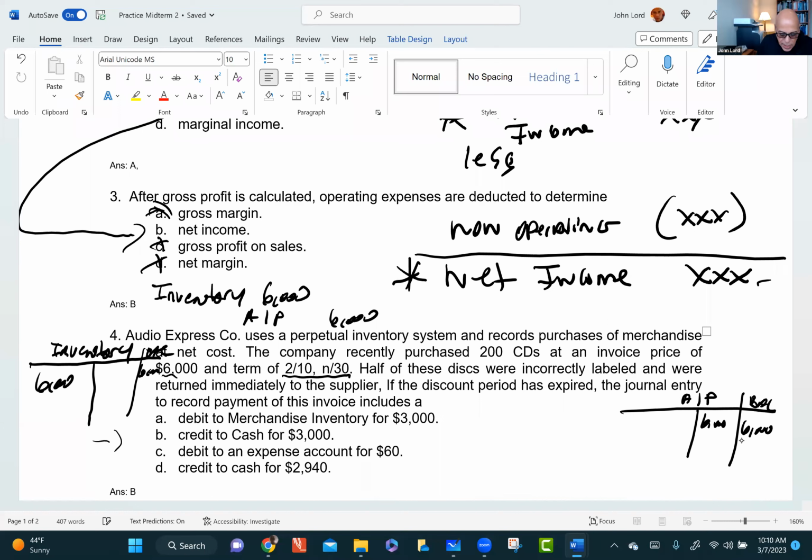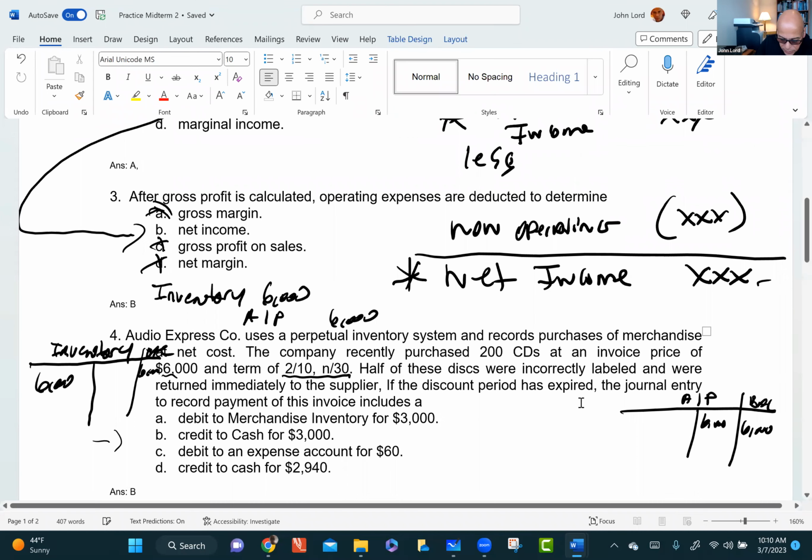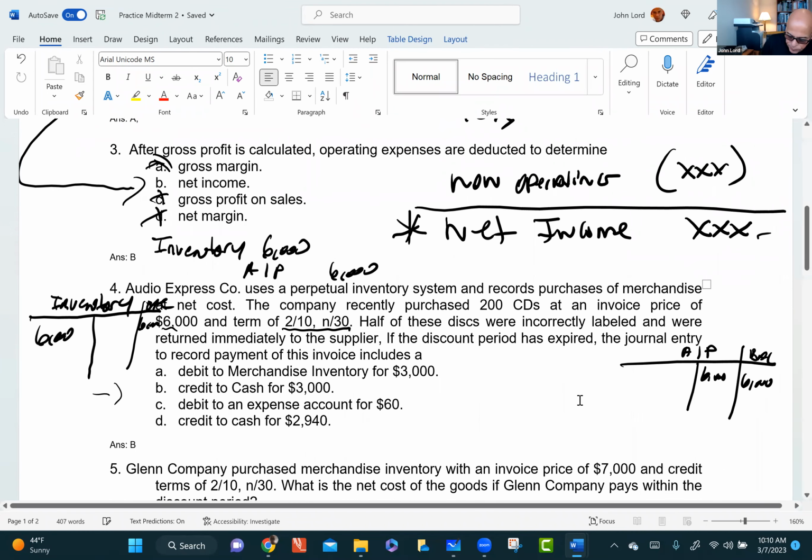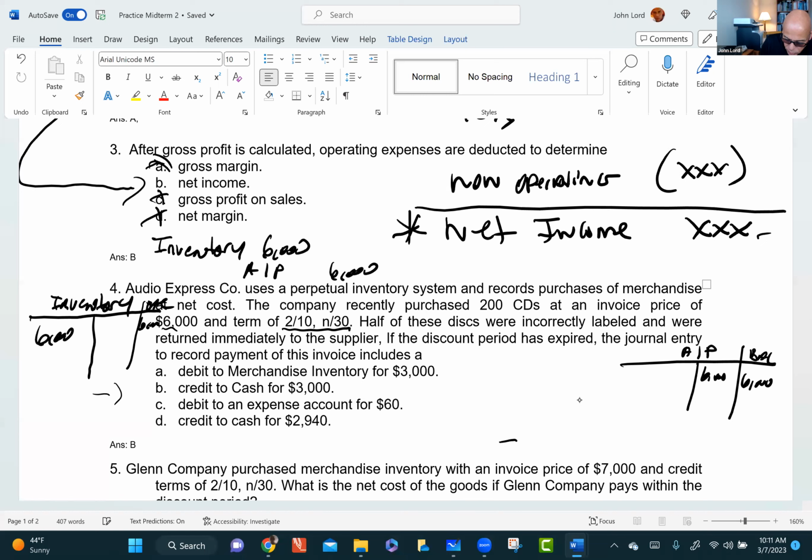Now half of the discs were incorrectly labeled and were returned immediately to the supplier. If I return the inventory, is it going to be in my inventory anymore? No, so I have to credit the inventory for 3,000.